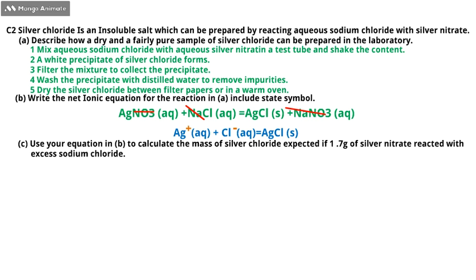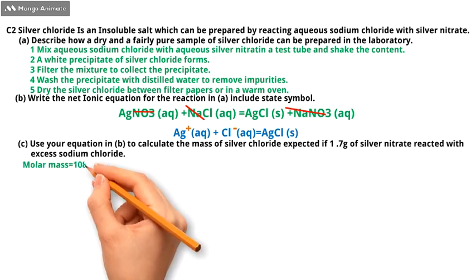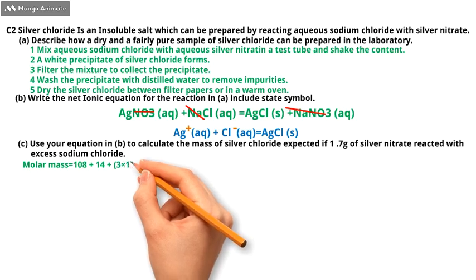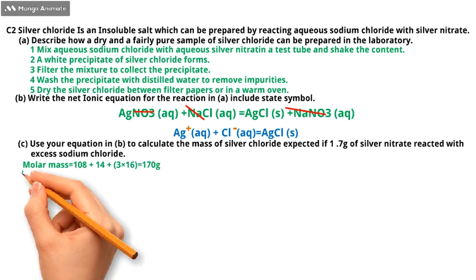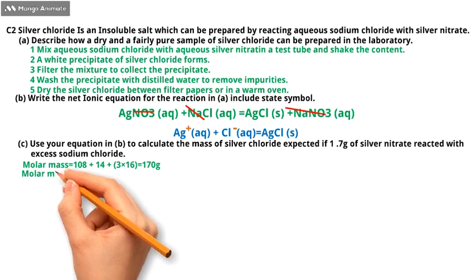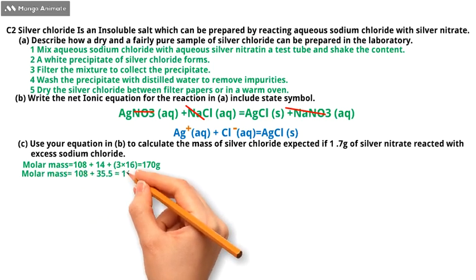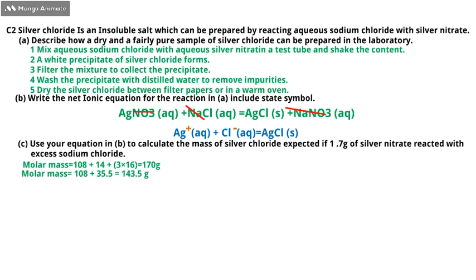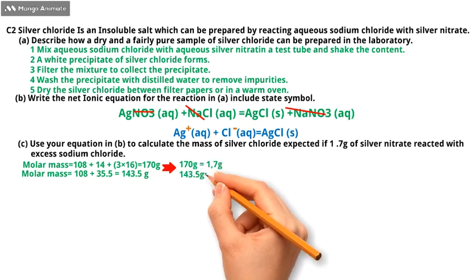Find the molar mass of silver nitrate, which is 108 plus 14 plus 3 times 16, which is equal to 170 grams. Step 2, find the molar mass of silver chloride, which is 108 plus 35.5, which is equal to 143.5 grams. Step 3, equate 170 grams is equal to 143.5 grams and 1.7 grams is equal to X.